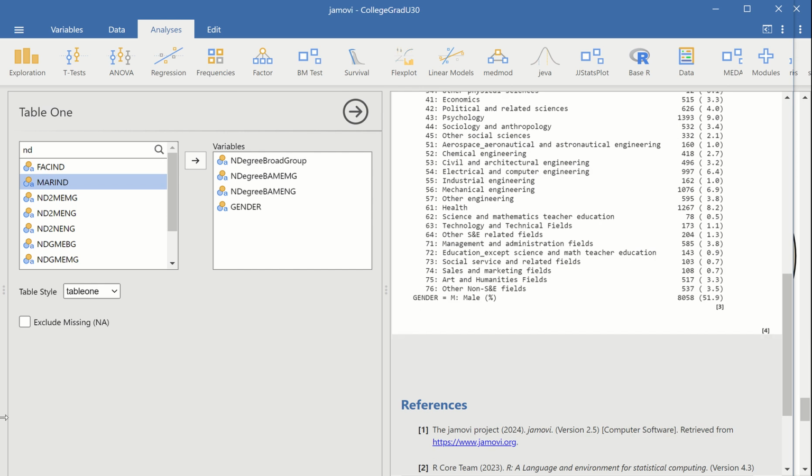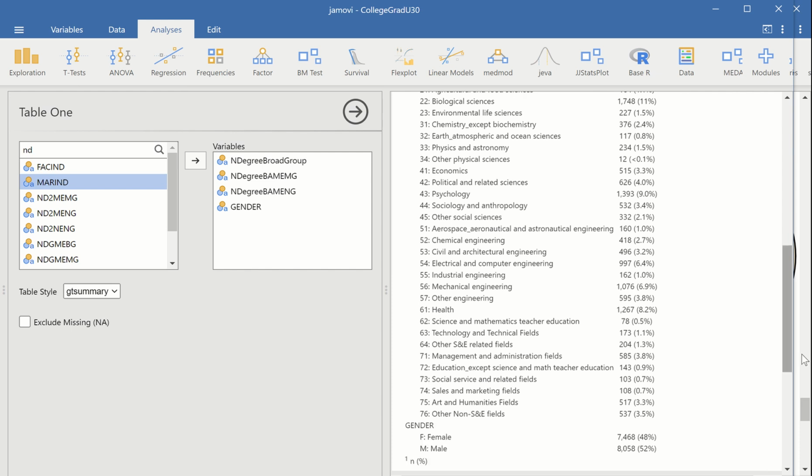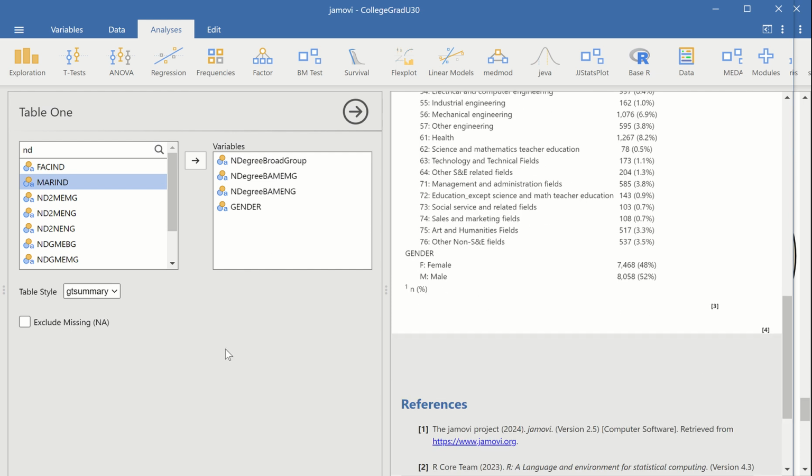So that is sometimes annoying, but if we go to the GT format, then when we get to the bottom, you'll see that it gives us males and females. I like this format better. I like seeing the information twice, even though I know that 100 minus 52 is 48. But that gives us this over in the exploration.